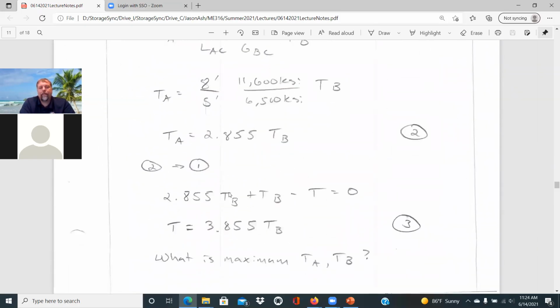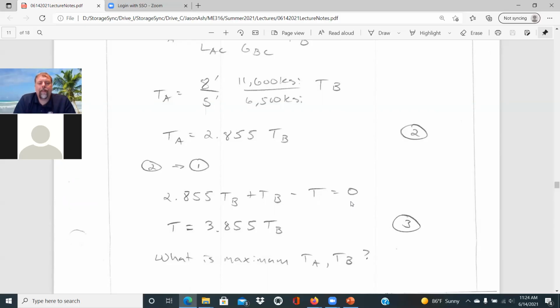And so 2.855 TB plus the other TB minus T is equal to 0, which tells you that the torque T is equal to 3.855 times TB. Again, these are just relating the two torques together. We don't know what the torque is that's applied, and we don't know what the reaction torque TB is. So we're still at one equation, two unknowns.